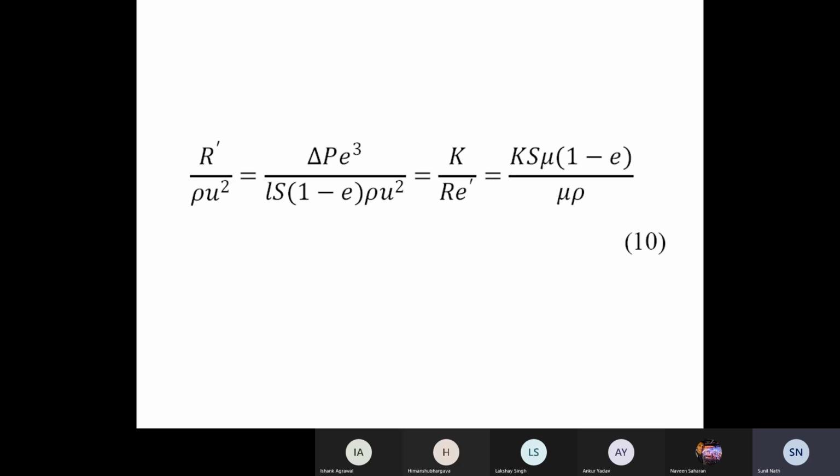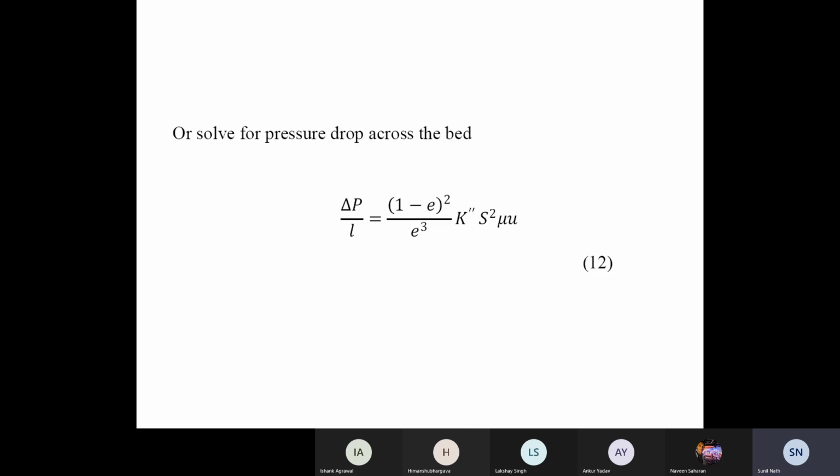And gradually the slope of this R prime upon rho u1 squared versus modified Reynolds number starts decreasing from 1 in the low Re less than 1 regime to a value close to 0 for turbulent flow.